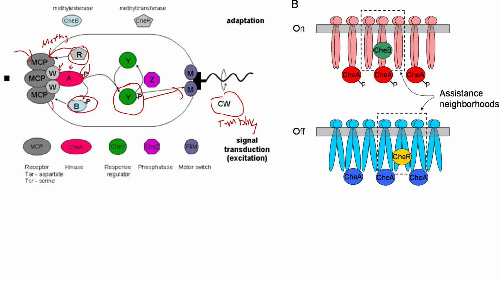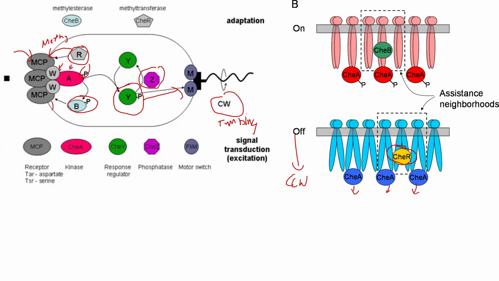And when CheR methylates the receptors, it turns off the phosphorylation event between CheW and CheA autophosphorylation. So this then prevents CheY phosphorylation, and the activity of CheZ plus the absence of phosphorylation off of CheA results in counterclockwise motility.